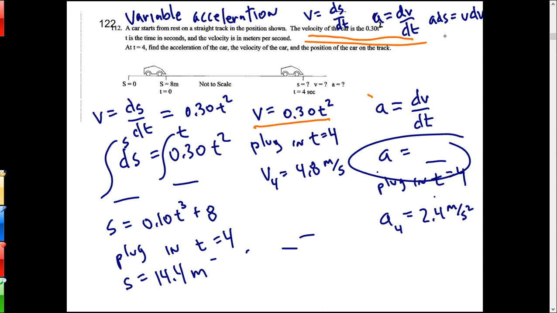Here I've got the velocity is times dv and a is times ds. I don't really see a way to use this one to work with v equals 0.3 t squared. So I'll stick with the 2 on the left to work through that. Use the a is equal to dv dt to take a derivative, and v is ds dt to do an integral.